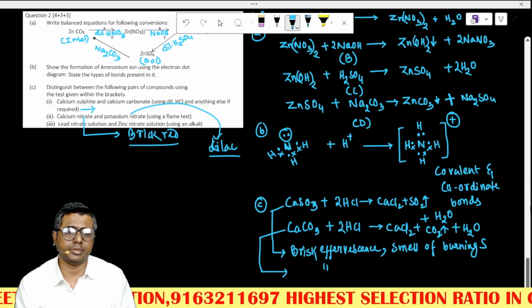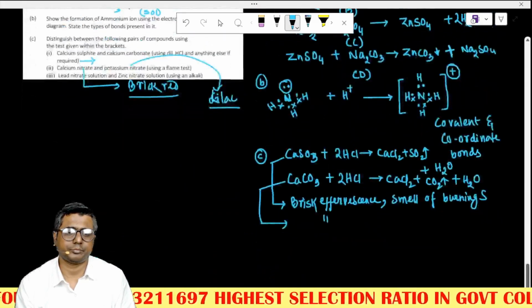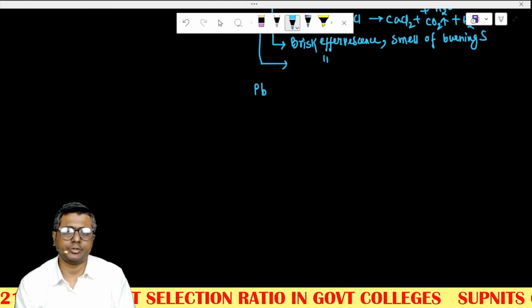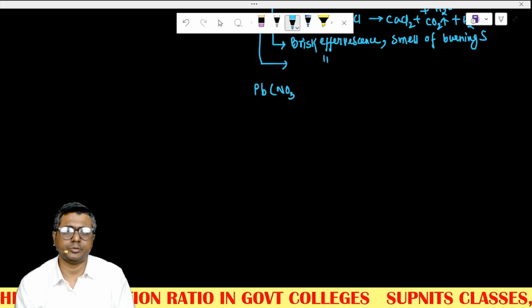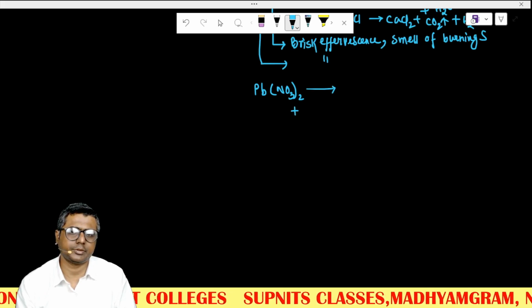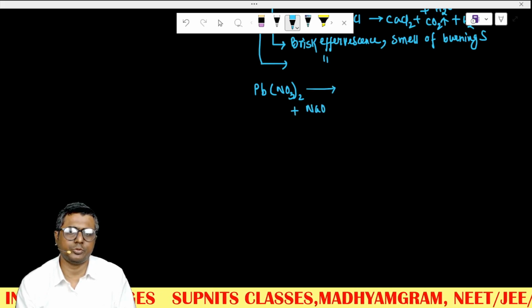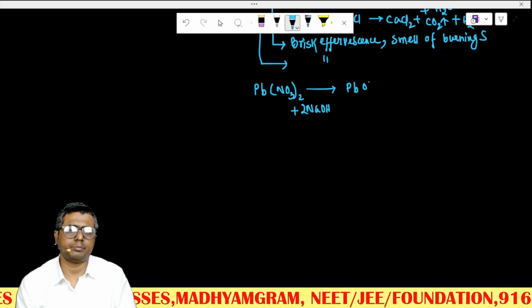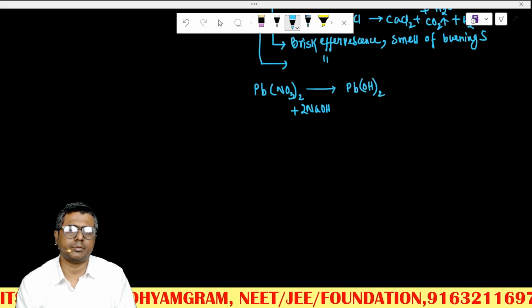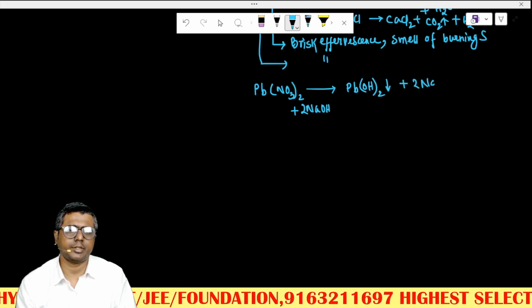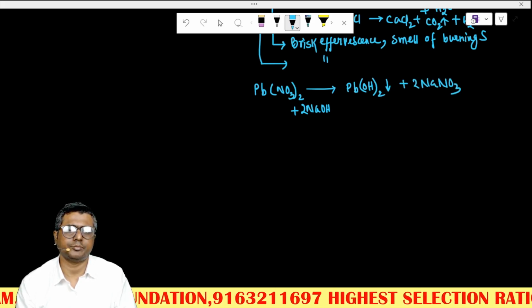So what you can do is, in case of lead nitrate, you better use this one, NaOH plus NaOH, 2 NaOH. So this will be Pb(OH)2 plus 2 NaNO3.